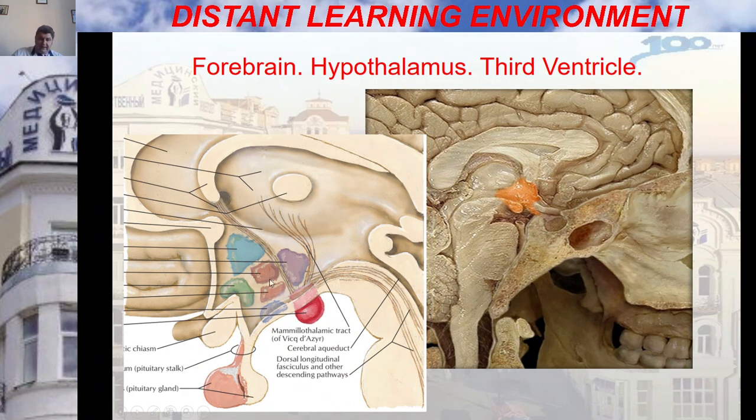You may see the contour of the columns. On both sides, at the anterior ventricular wall, the columns of the fornix, together with the anterior ends of the thalami, form the boundaries of the interventricular foramina. You may see this foramen here, only one foramen, the right foramen. The foramen of Monro, through which the third ventricle communicates with the lateral ventricle situated in the cerebral hemispheres.